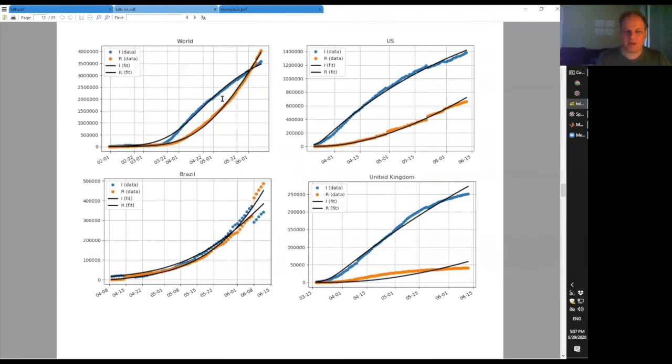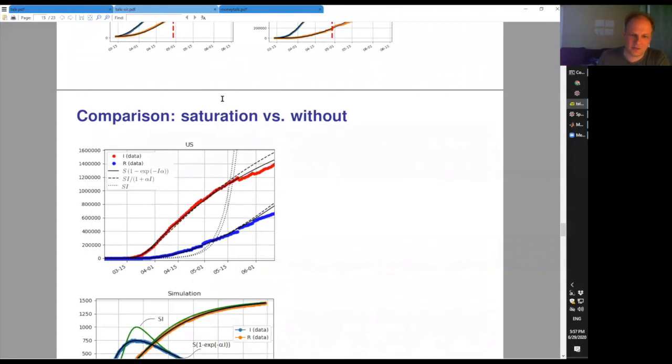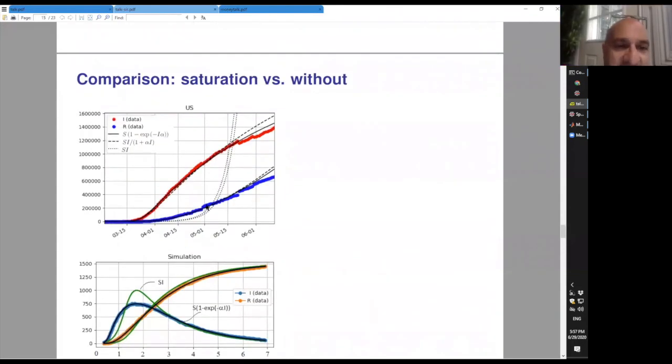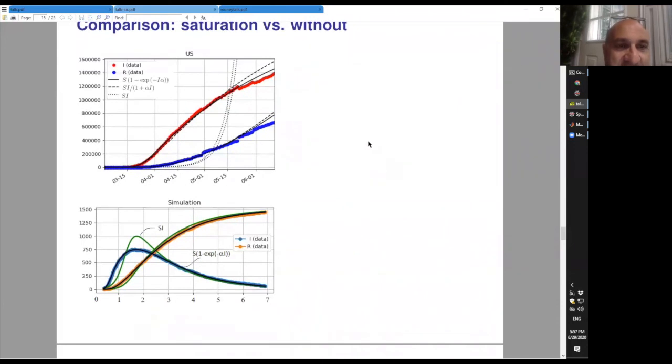I was surprised. But the vanilla SIR doesn't work so well. No, it doesn't work at all, right? The normal SIR, with the S times I term without saturation, doesn't fit at all. Interesting.